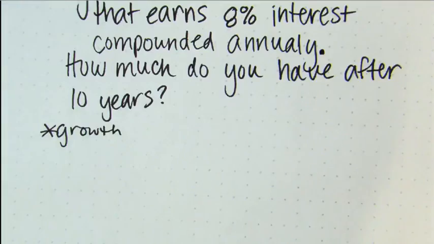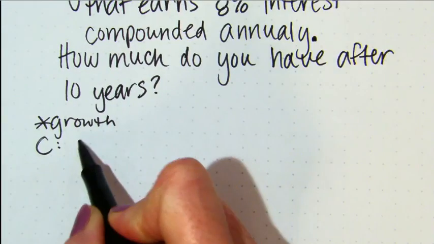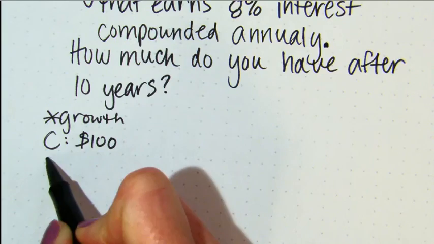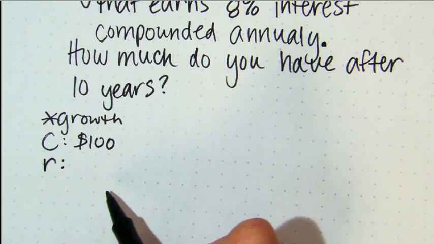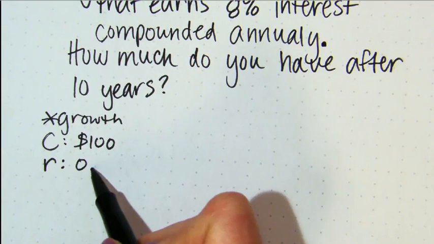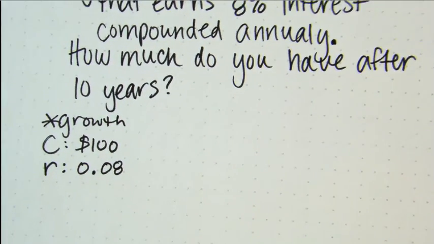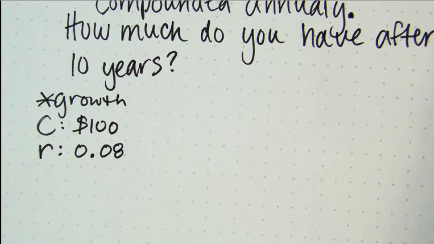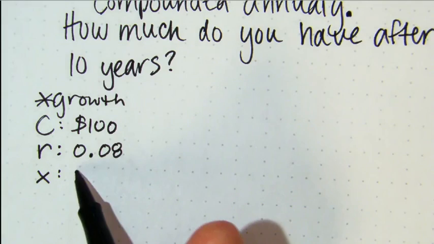Then our c is our initial value, which is $100. Our rate is 8%, so it's 0.08. And our x, or our input value, what we're going to put into the formula to figure out our answer, is the 10 years.